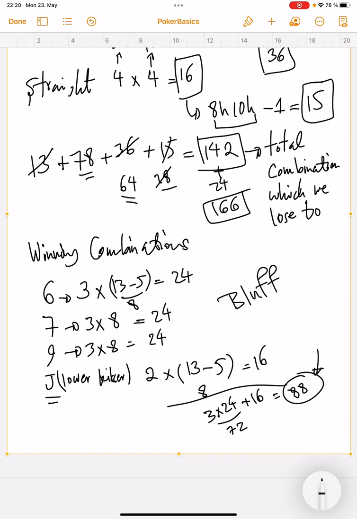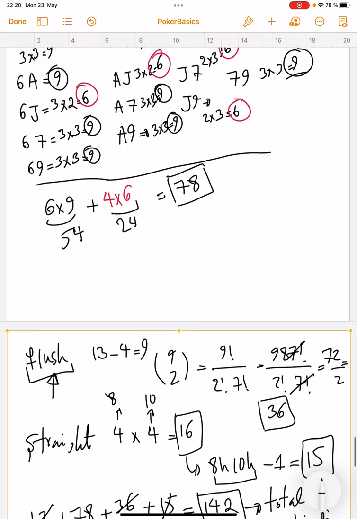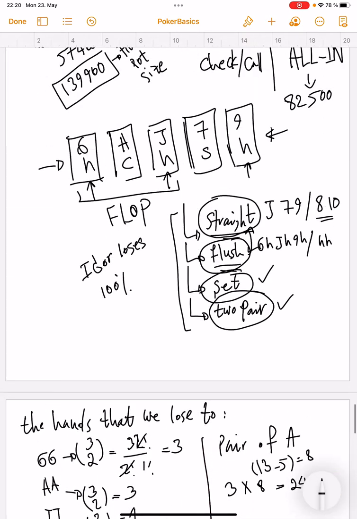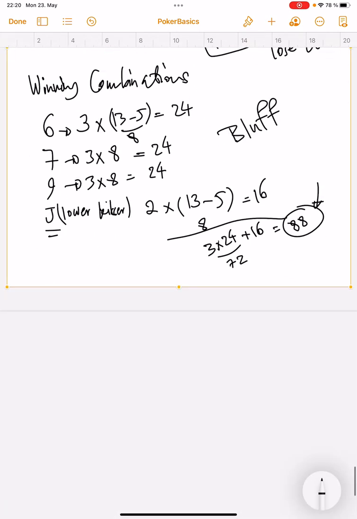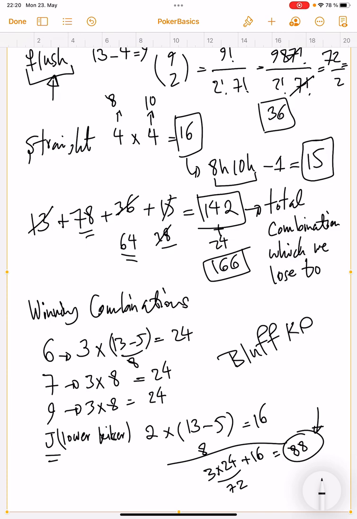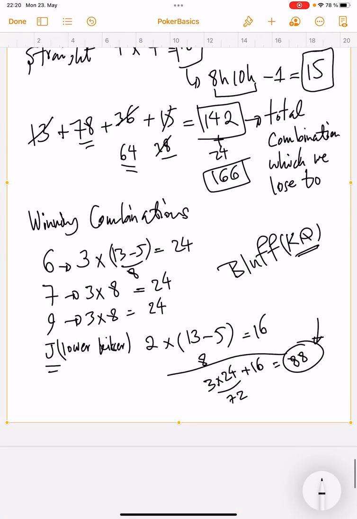He might have a high card, for example king and queen, which is only a high card, and we are winning against it. So we are catching pure bluffs, and also we are catching 88 combinations.